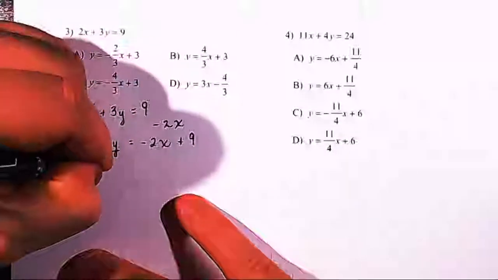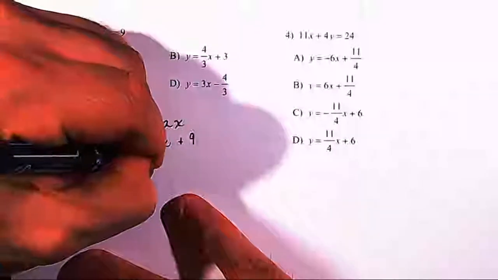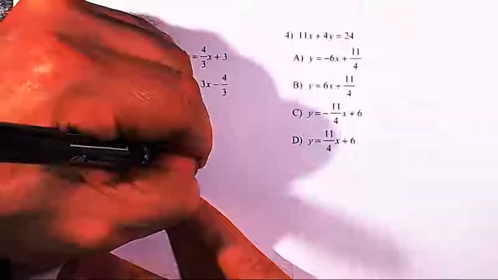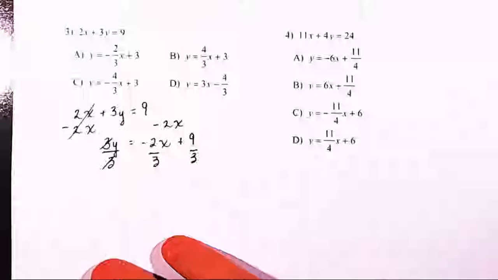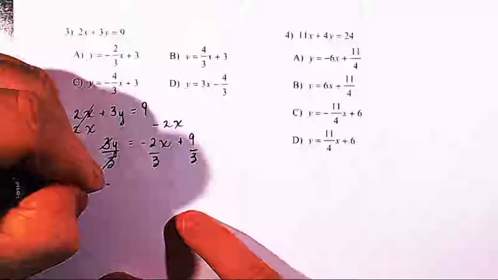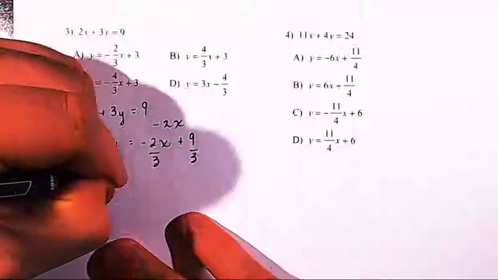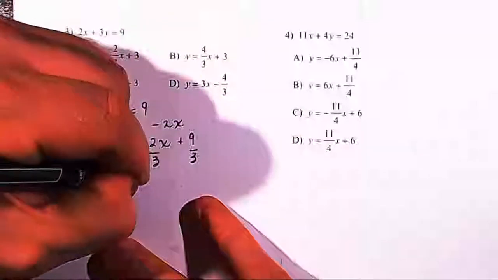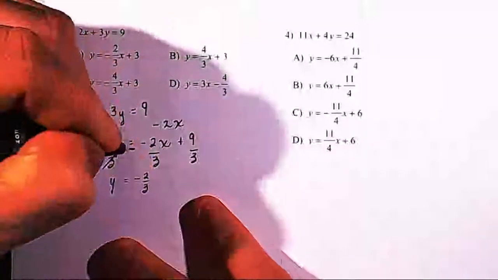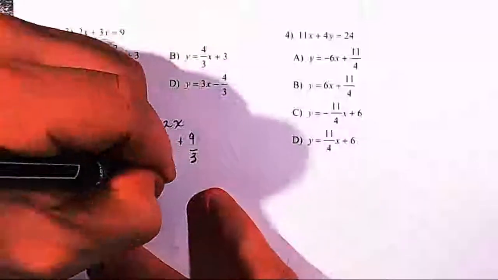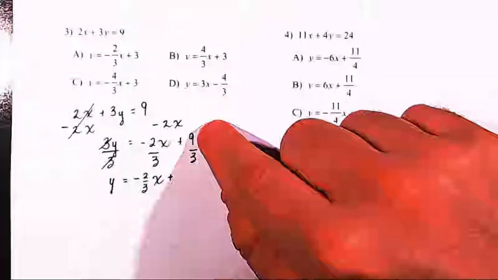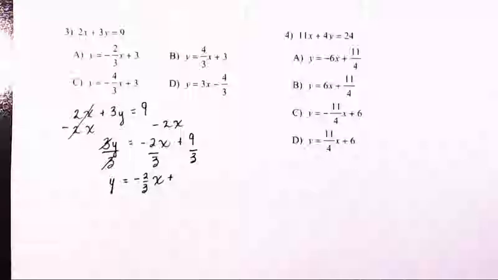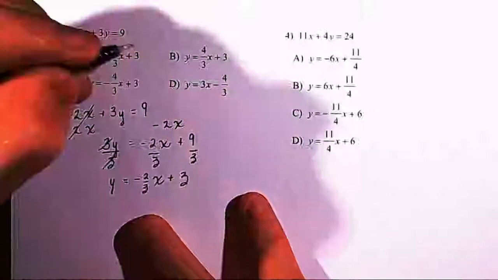Now, I will divide each term by 3. On the left, the 3's cancel, and I'm left with y by itself. Y equals -2 over 3 x plus, now 9/3 can be reduced. 9 divided by 3 is 3, so I can write plus 3.